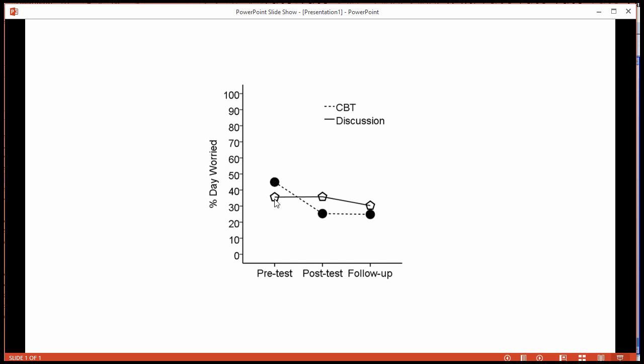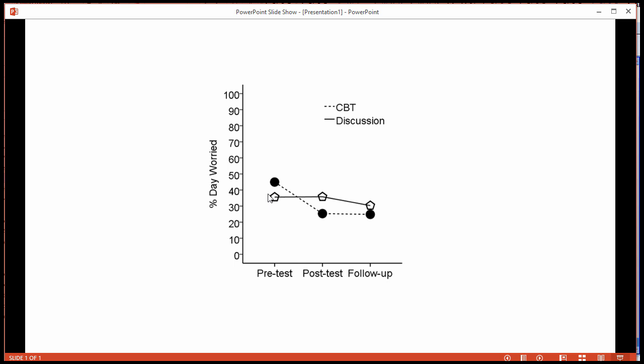The problem is that the discussion group was a bit lower to begin with, and so they didn't have as far to go with respect to reducing their anxiety levels, whereas the CBT group was already kind of high. They were higher than, it wasn't statistically significantly higher, true, but still a bit higher. And so they had more ways to come down than the discussion group.